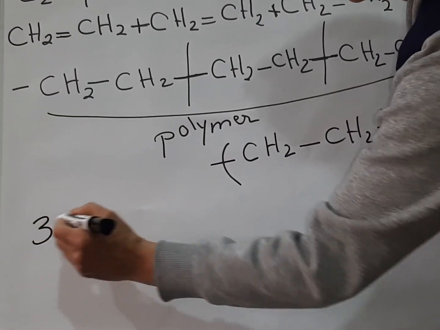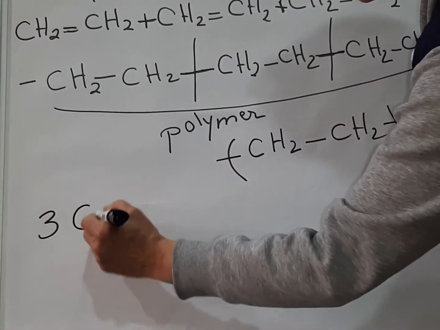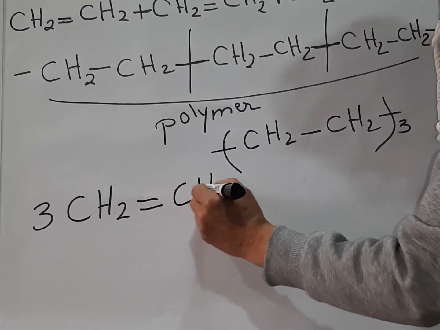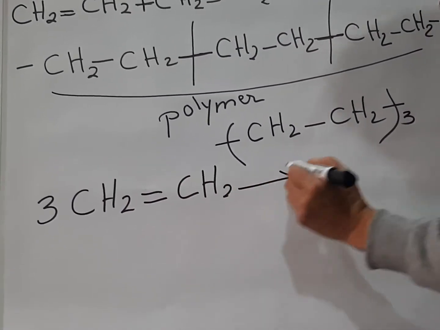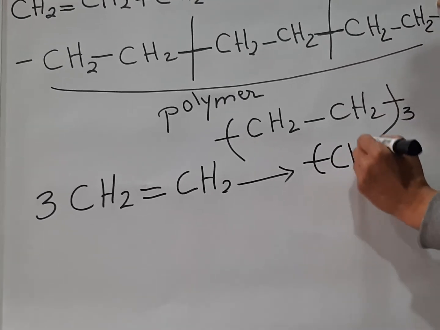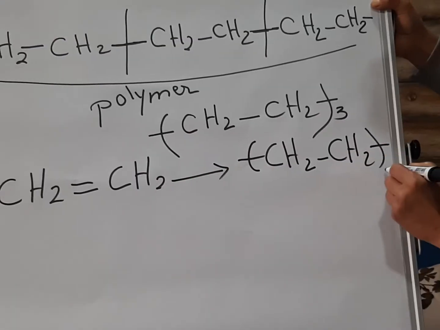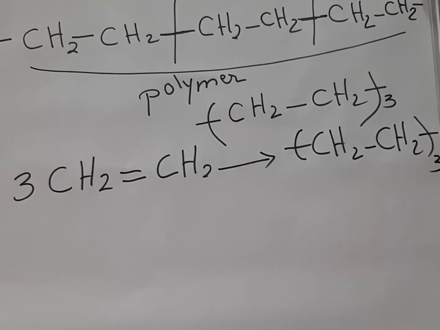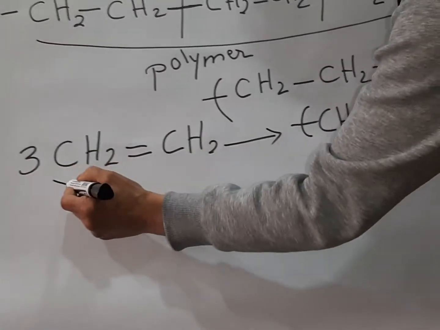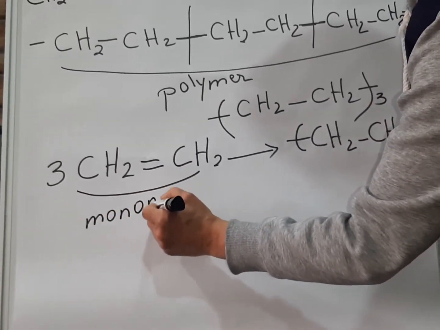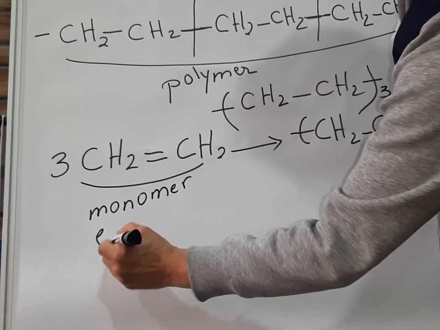I write 3 CH2 double bond CH2, which gives me CH2 bond CH2 3. This is a monomer called ethene.